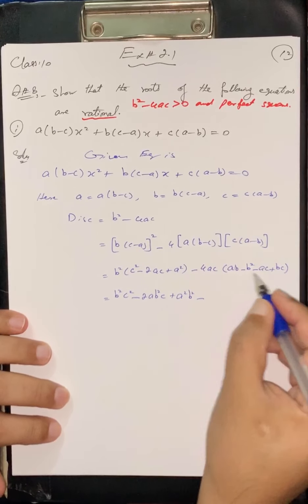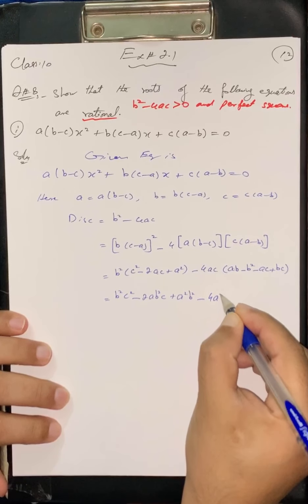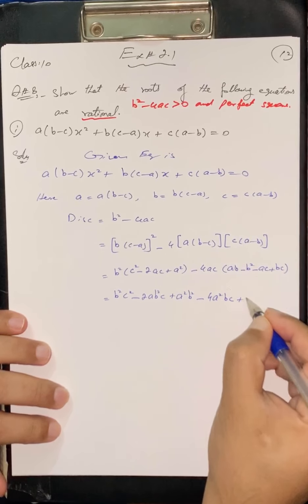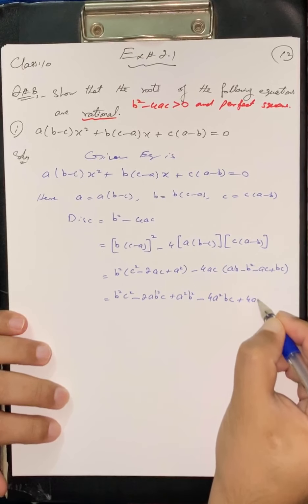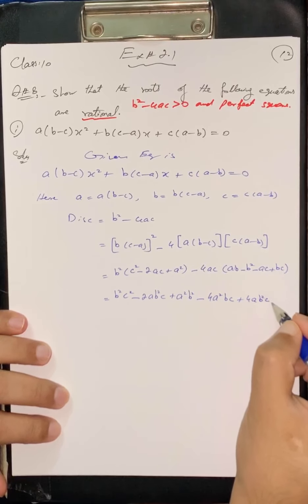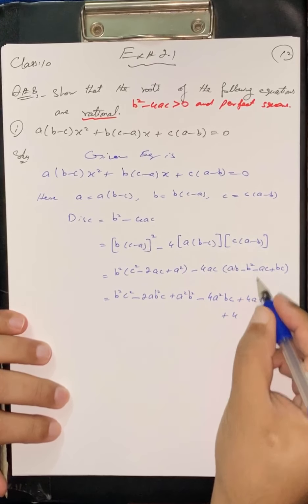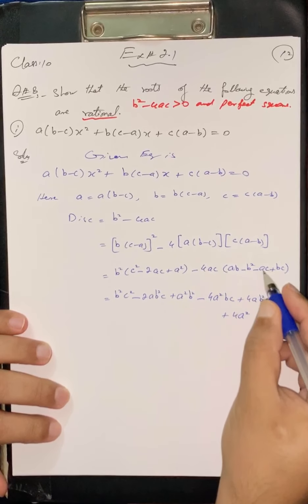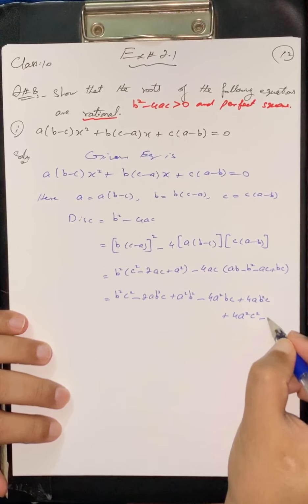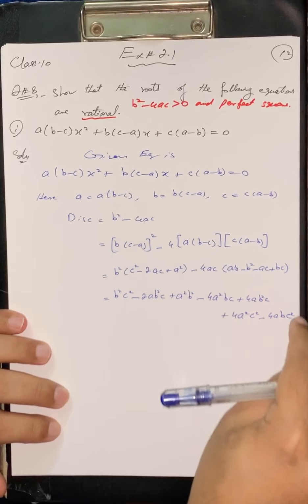Minus 4ac multiplied inside, 4ac multiplied with ab gives 4a square bc, minus minus plus 4ab square c, minus minus plus 4. a multiplied with a gives a square, c multiplied with c gives c square, a square c square, minus plus minus 4abc square, c multiplied with c.